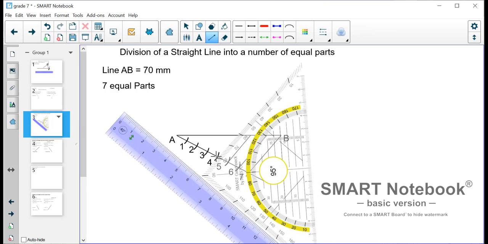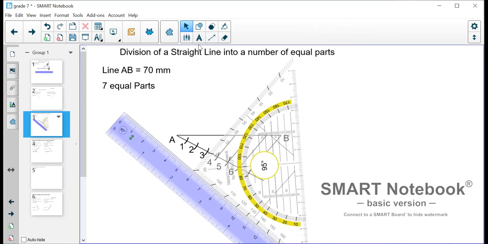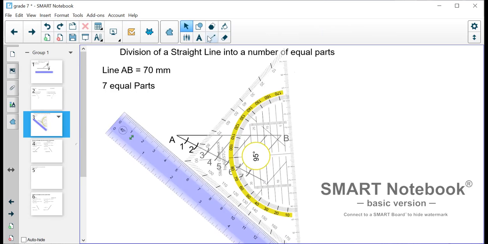So you go to 4, and then you go to 3. You just keep repeating the same. Then 2, and of course, then 1.